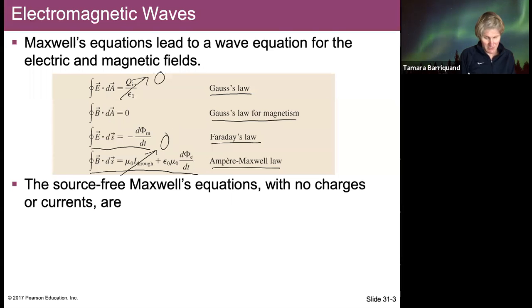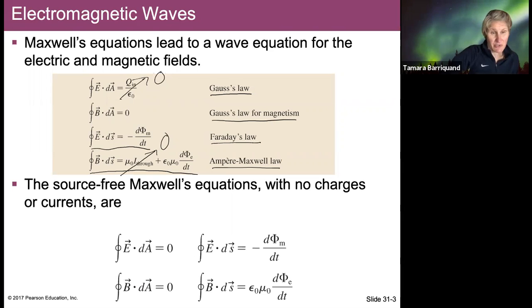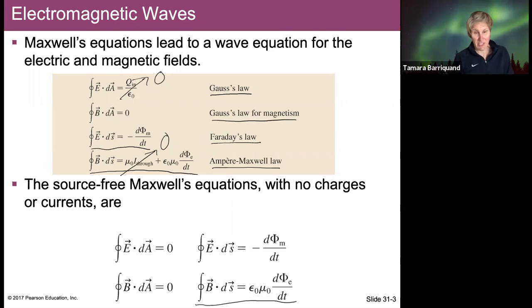That current will also be 0. So rewriting Maxwell's equations with no charges and no currents, Gauss's law is set equal to 0. Gauss's law for magnetism is also still equal to 0. And the Ampere-Maxwell law just has the additional term that Maxwell added, epsilon naught mu naught d phi sub e dt.